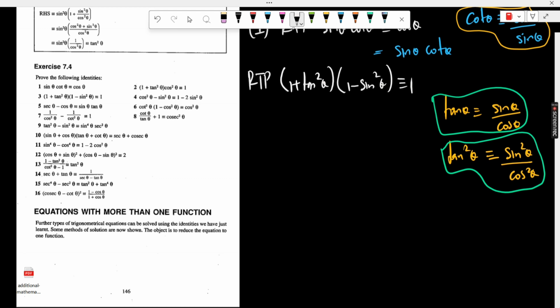So we have two parts of the identity here. And once again, the left-hand side is clearly the complicated side. So what we can do is express each of these expressions in the brackets in terms of a single term.